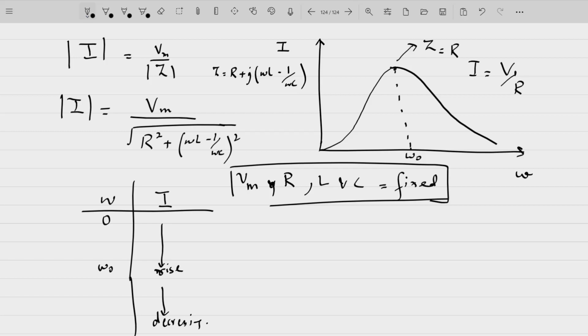So this is the behavior of current with respect to frequency. You already know how current behaves with respect to time. It is a sinusoidal variation. Current with respect to frequency will behave in this particular fashion.